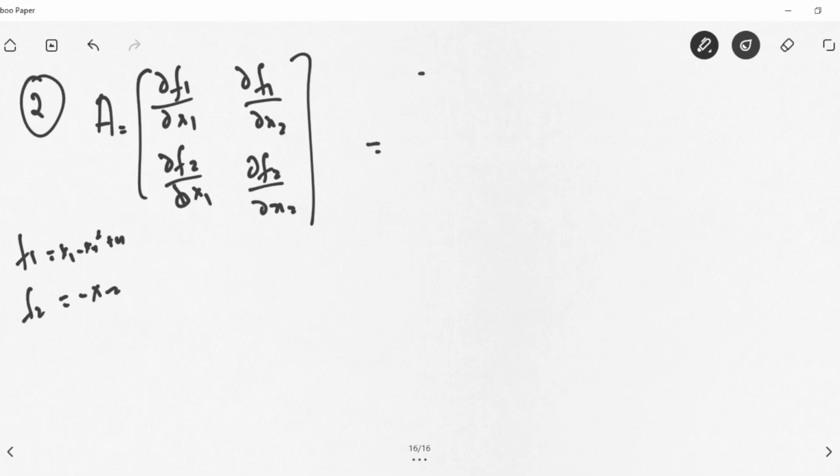So differentiating the first function with respect to x1, we get 1 minus 2x1. Differentiation of u with respect to x1 will be 0. Differentiation of this with respect to x2 will be 0. Differentiation of this with respect to x1 will be 0. It will be minus 1. Fine.